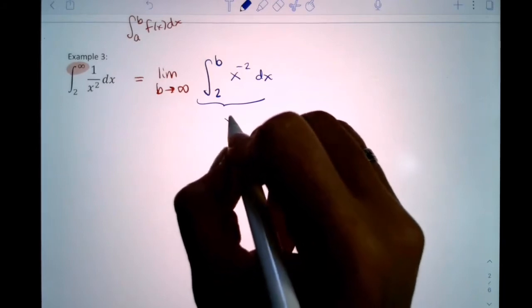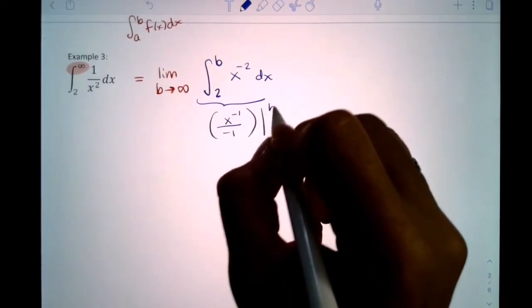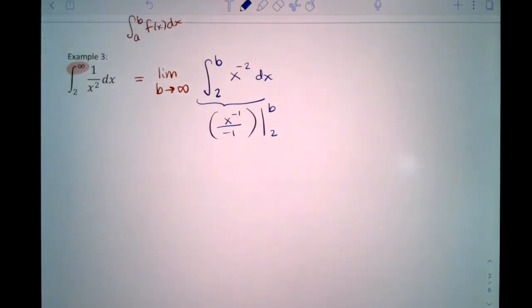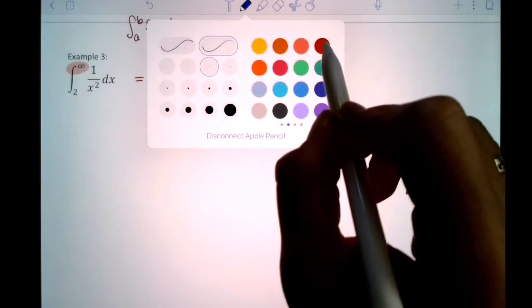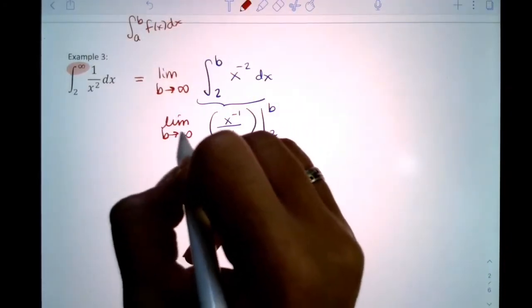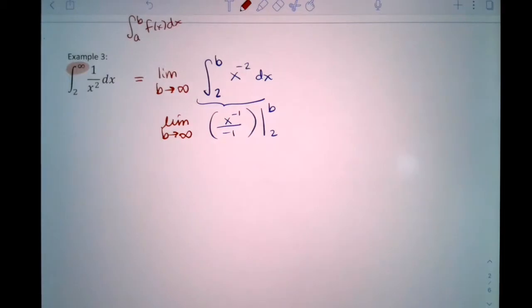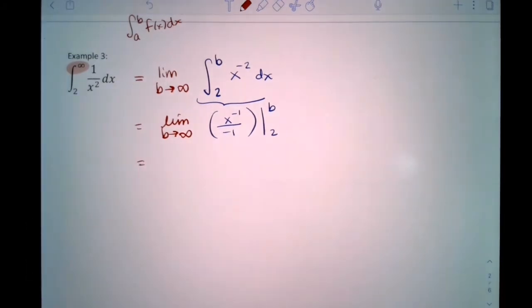You're going to add 1 to your exponent, divide by the new exponent, and evaluate that from 2 to b. Now, dragging along in this whole process is that limit idea. You're laying that on the back burner for now because your point here is to come up with the antiderivative. So this is just a tag along. It's kind of like a third wheel, just along for the ride.